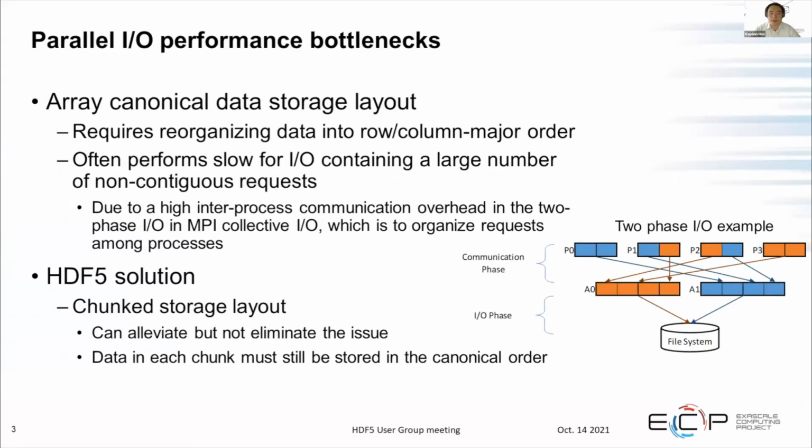By default, HDF5 stores datasets in a contiguous storage layout that requires reorganizing data into canonical order. On I/O patterns with a large number of non-contiguous requests, the canonical storage layout often performs poorly due to high communication overhead in MPI collective I/O for reorganizing the data.